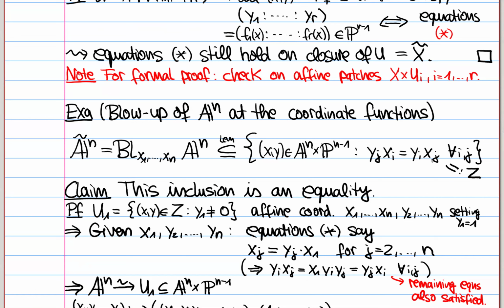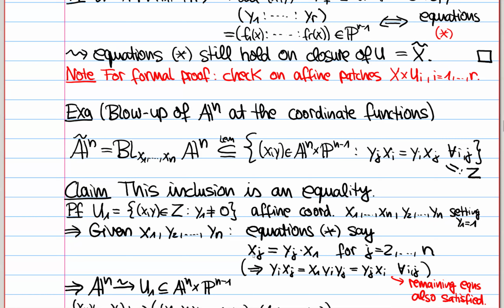And then we see the equation just says that x_j is equal to y_j times x_1. And you see both of these are given by the coordinates that we input. So we see that we can solve these equations and get the remaining coordinates x_j for j equals 2 to n from these equations, first of all. And then you see this was just the subset of the equations, the subset where i was equal to 1.